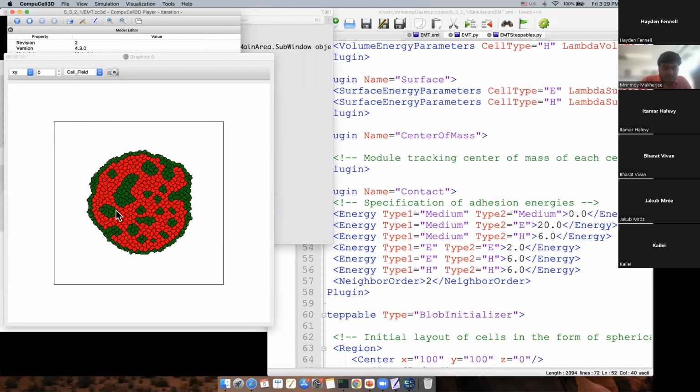But for getting perfect sorting, you have to wait a long time, and also you need to choose the contact energies in a particular order. See the original paper by James Glazier and Graner, I think around 95 or 96, on how to choose them. But here our concern is not the sorting behavior. So, is there any question?